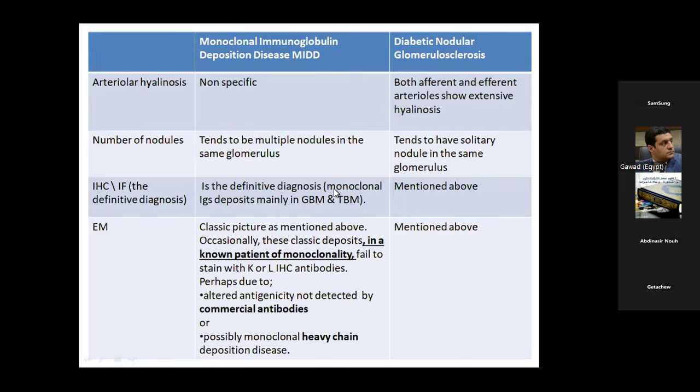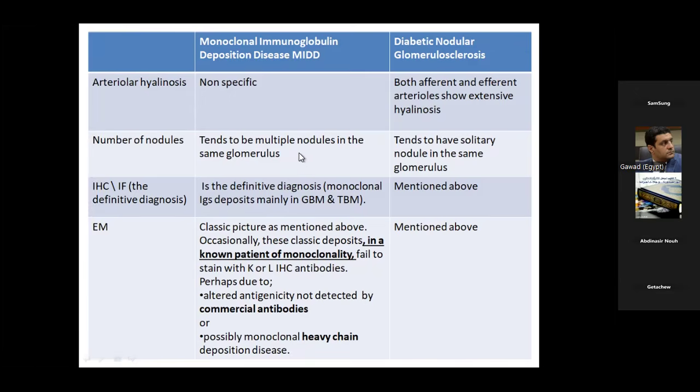In these cases, immunofluorescence or immunohistochemistry is very important, and it is very important to look along the tubular basement membrane for the deposition of the monoclonal IgGs, not in the lumen of the tubules, but along the tubular basement membrane for the monoclonal restriction. Another clue is the number of nodules.